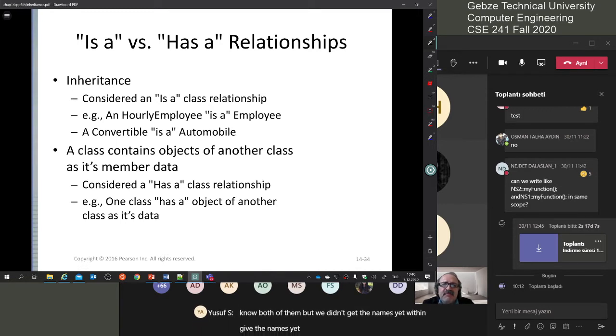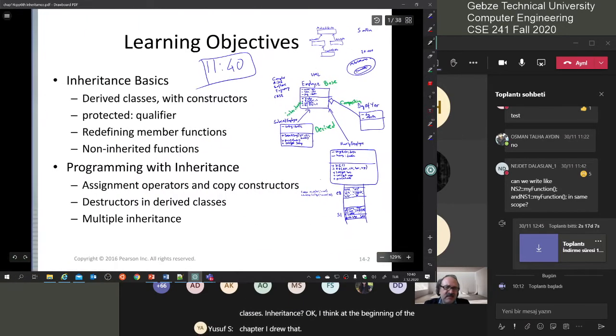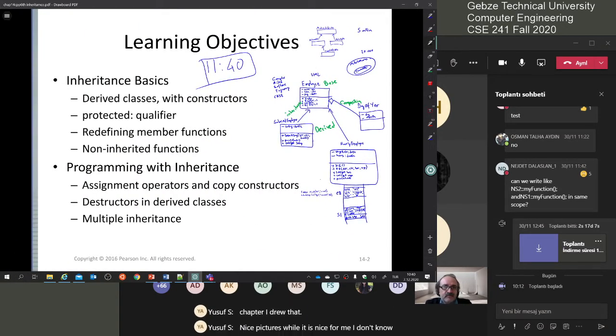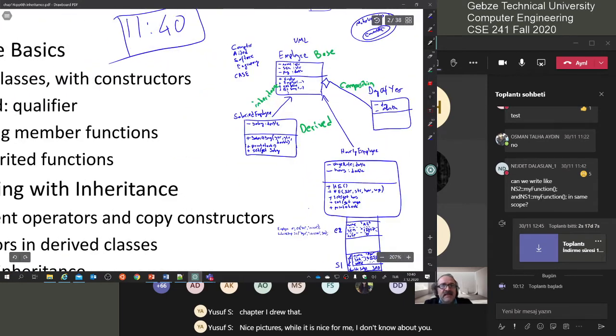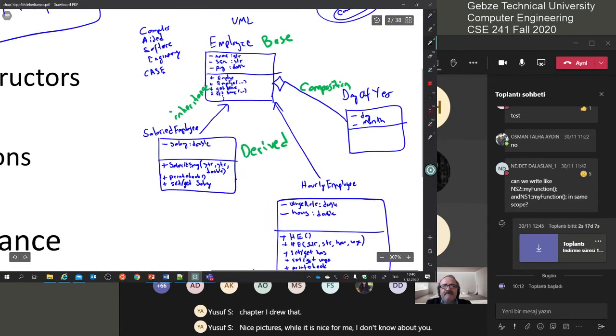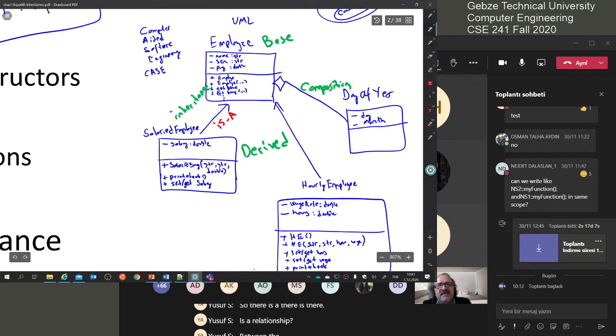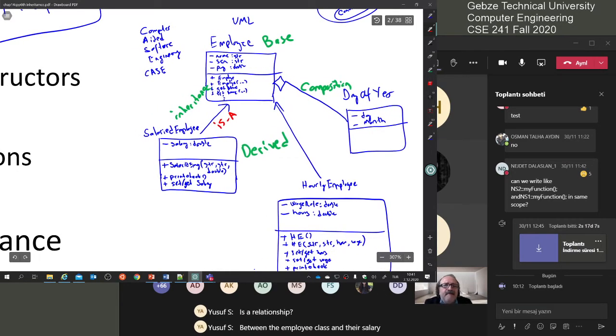An ISA relationship between two classes is inheritance. I think at the beginning of this chapter I drew that nice picture. Well, it is nice for me. I don't know about you. So there is an ISA relationship between the employee class and the salaried employee.